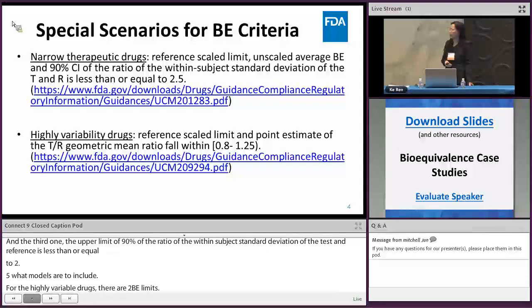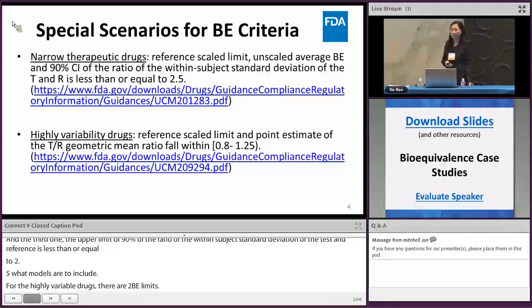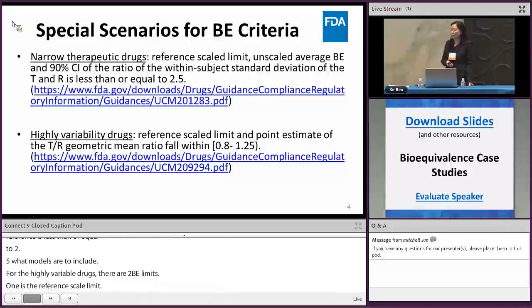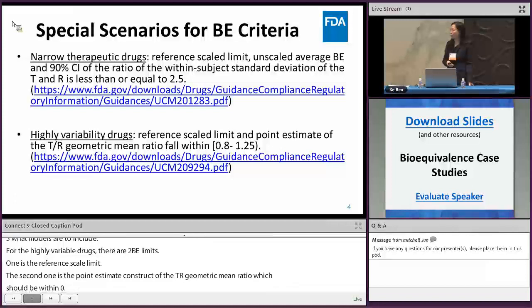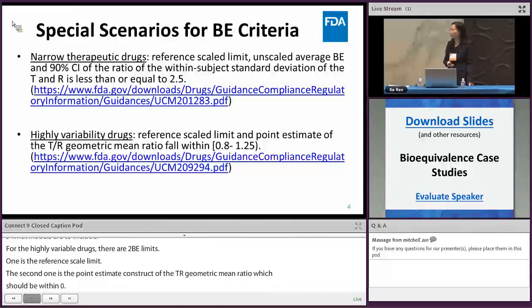The second one is the point estimate constraint: the TR geometric mean ratio should be within 0.8 to 1.25. The stepwise procedure is also included in the product-specific guidance for progesterone capsules. So here's a link for the calculation.